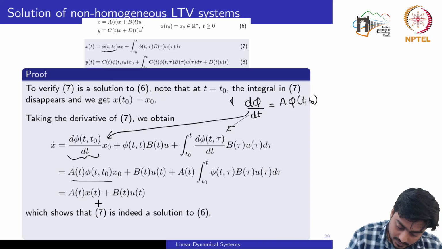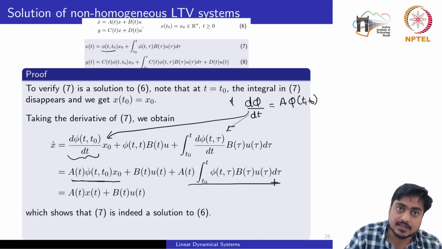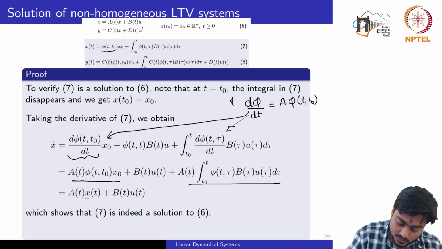Okay, now if we take A of t common from this term and this term, we would have phi t comma t naught x naught plus this part, and basically this is the solution x of t, right? So we could replace this whole term by x t. So we have x dot is equal to A t into x t plus B t into u t, which is this one.